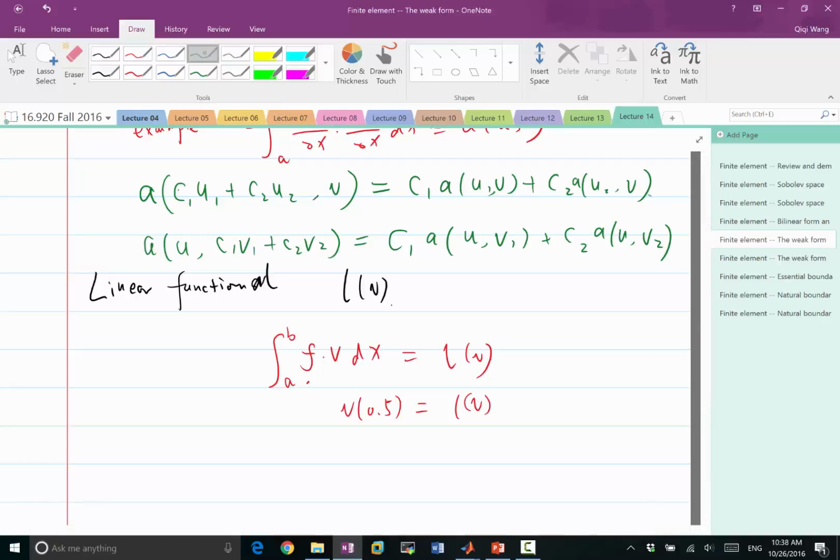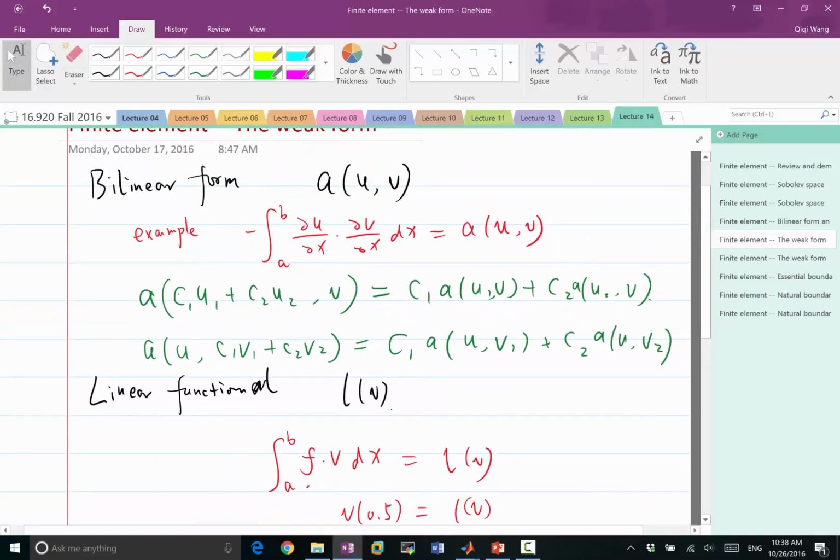The linear functional has to satisfy a very similar criterion as the bilinear form. L of C1 V1 plus C2 V2 has to equal C1 times L of V1 plus C2 times L of V2. That's why it's called a linear functional.